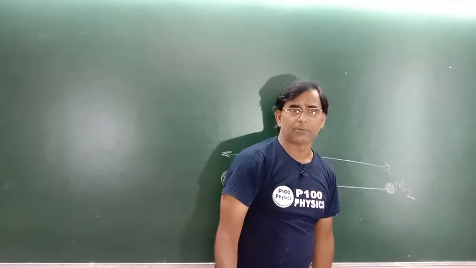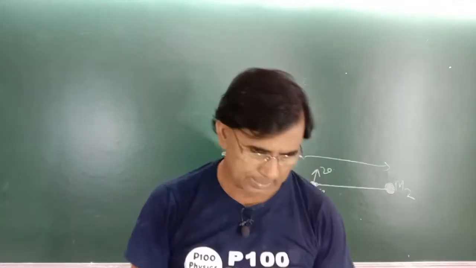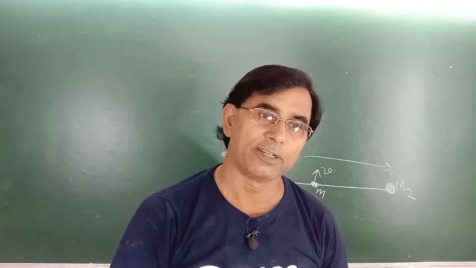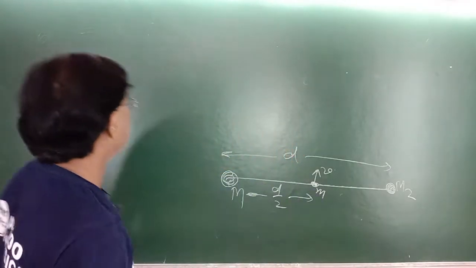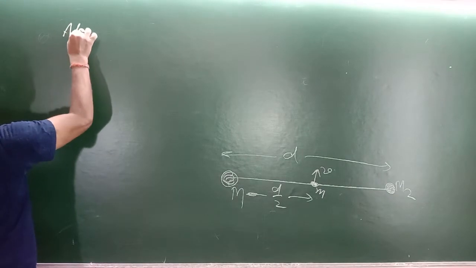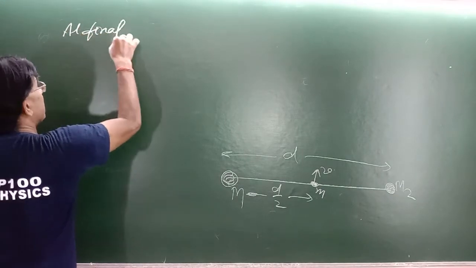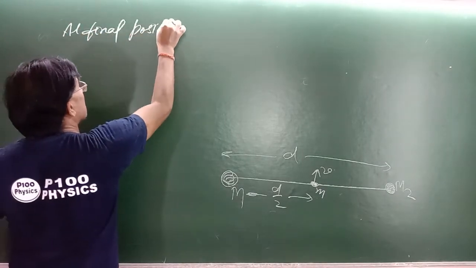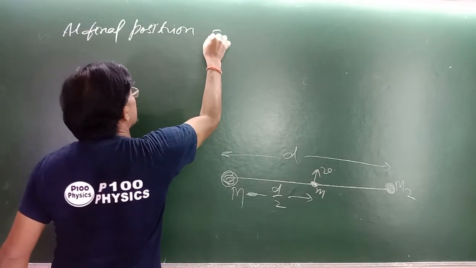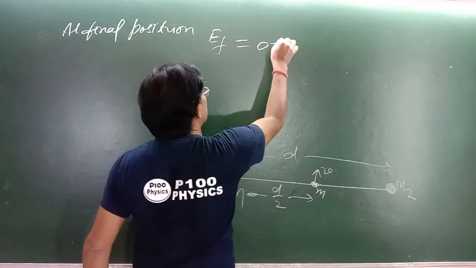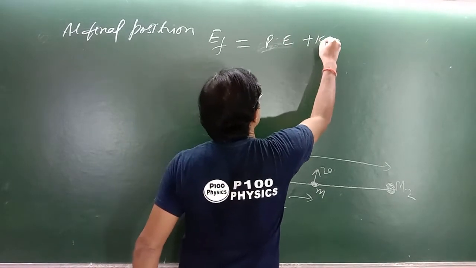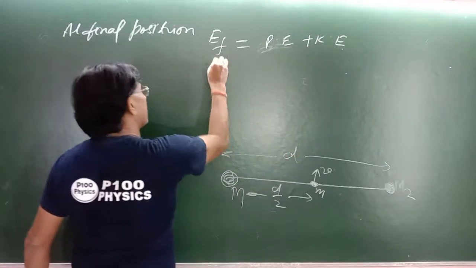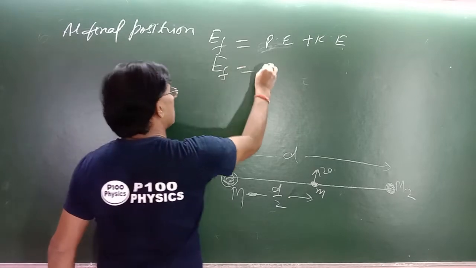According to the law of conservation of energy, you know well that the total energy at the initial position will be equal to the total energy at the final position. At the final position, E final will be potential energy plus kinetic energy, therefore E final equals 0 plus 0, equal to 0.